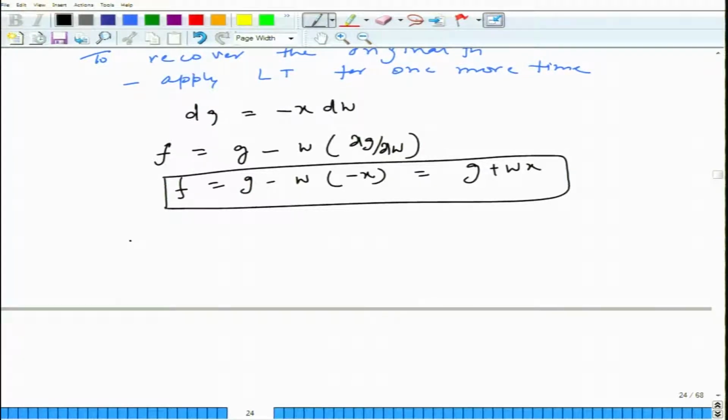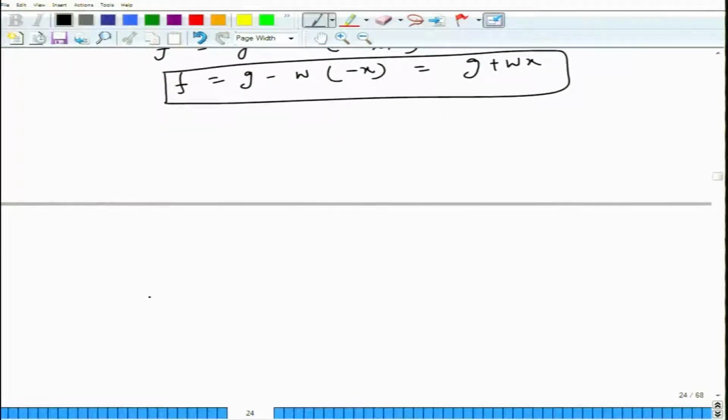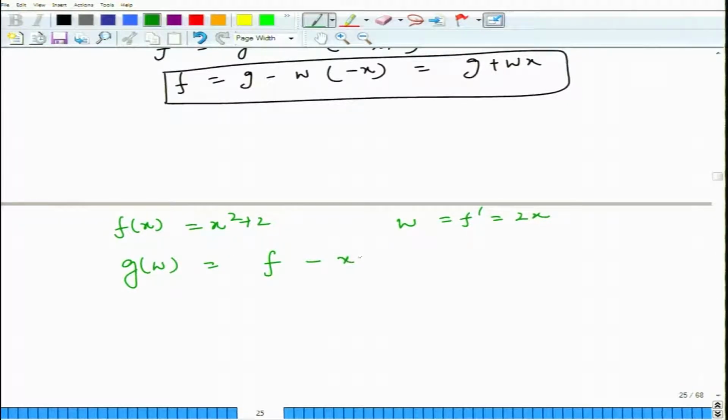The example is f(x) equal to x square plus 2, all right, and w, in this case the derivative of f, is 2x. So, what would be your g(w) is going to be f minus the variable times the derivative of f, which is f minus xw.